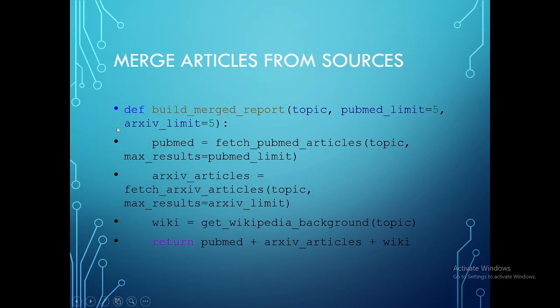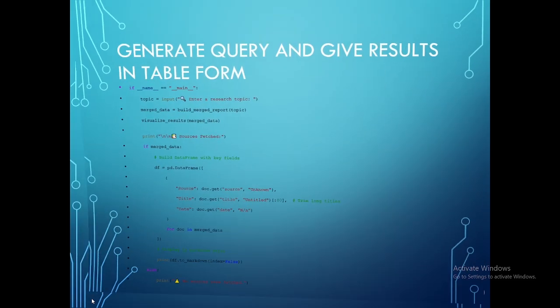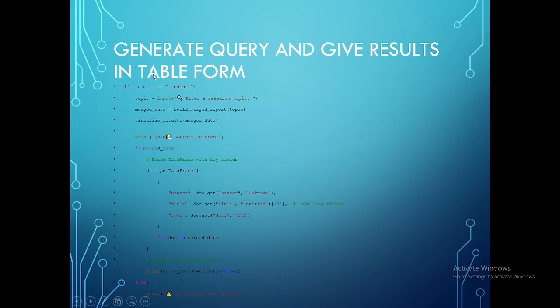This is a code where I merged articles from sources. I have given it a variable, and then I am giving it all three sources, and I want to merge these three sources and give me a result. Now, this is the final code in which we generate query and give results in table form.